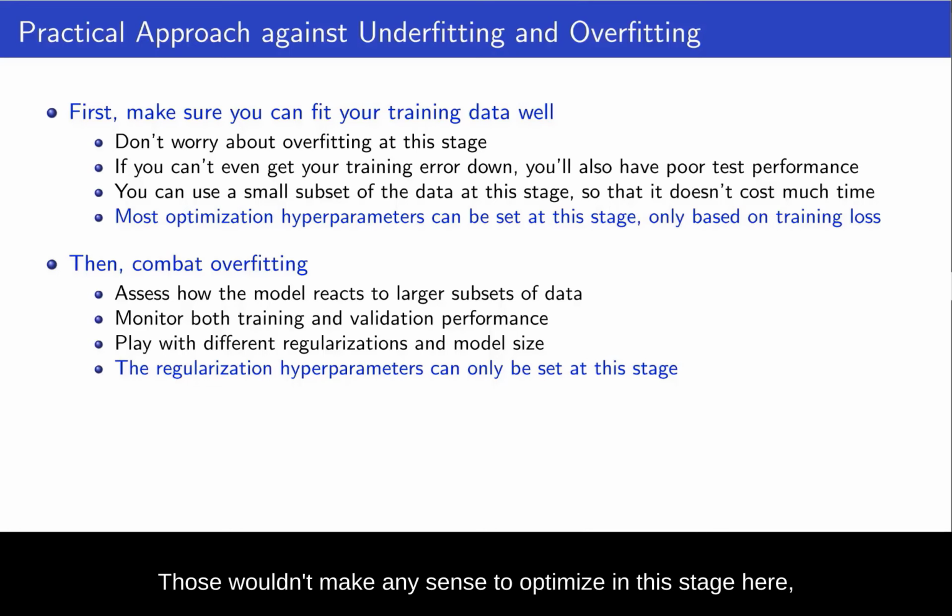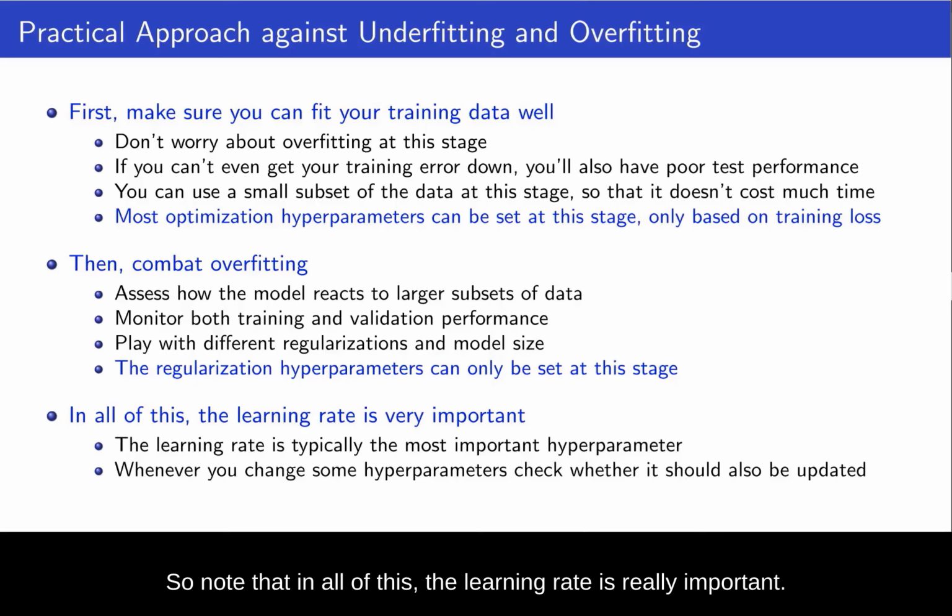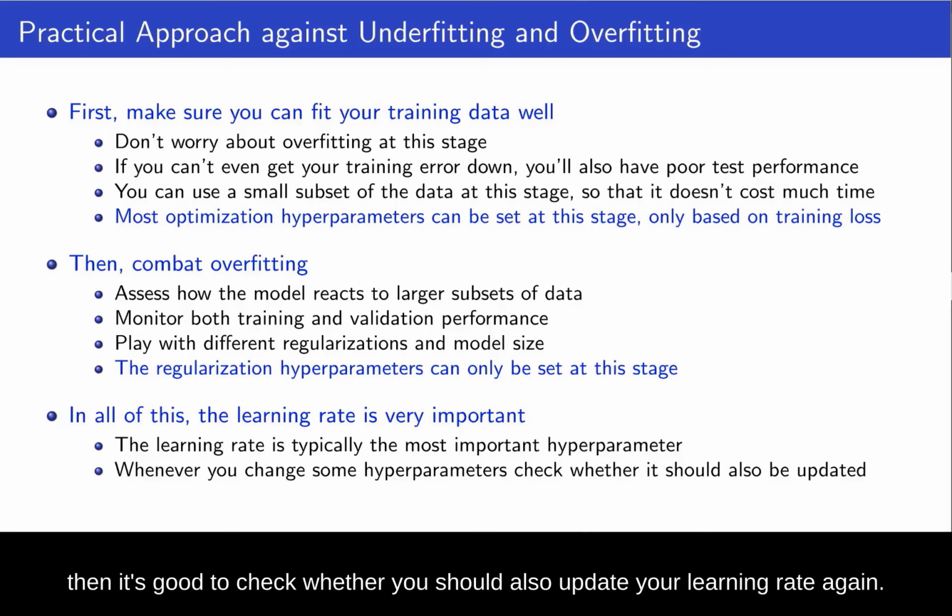Those wouldn't make any sense to optimize in the earlier stage because you're not looking at your validation score yet, and you're not looking at overfitting and regularization. Note that in all of this, the learning rate is really important. It's typically the most important hyperparameter, and whenever you change some other hyperparameters, it's good to check whether you should also update your learning rate again.